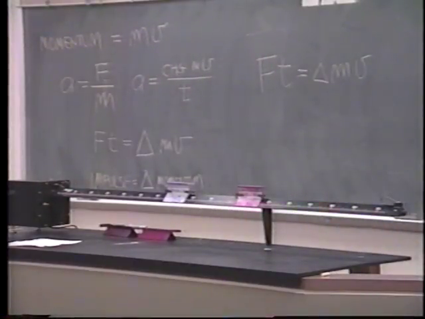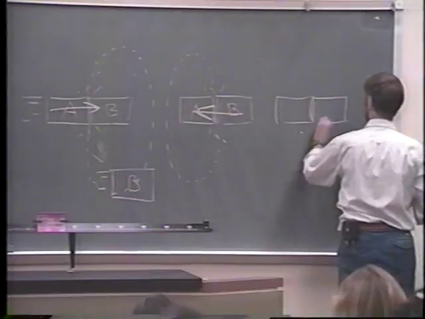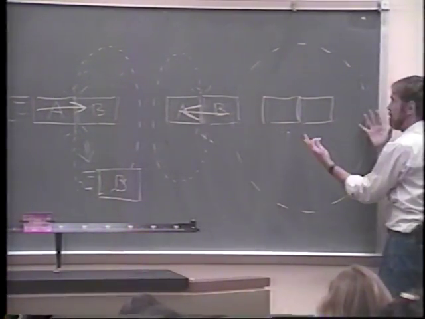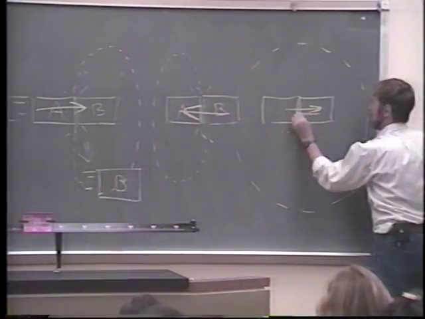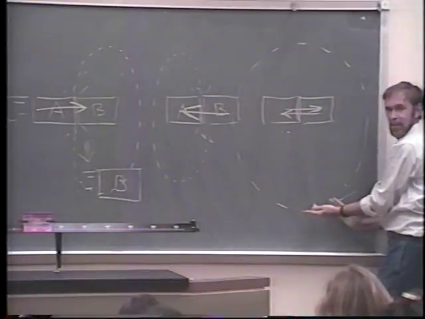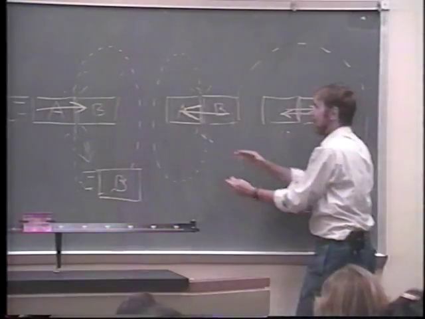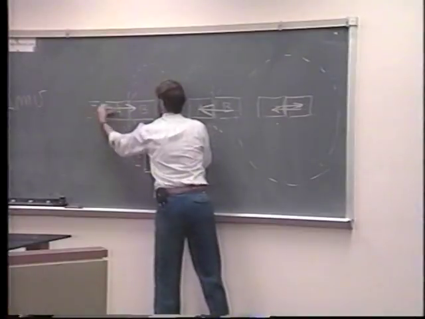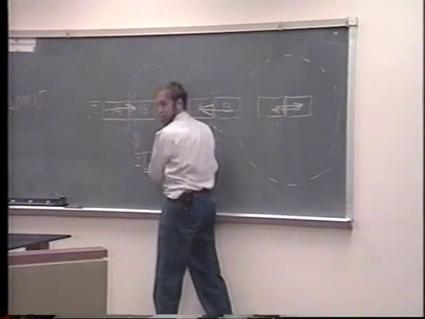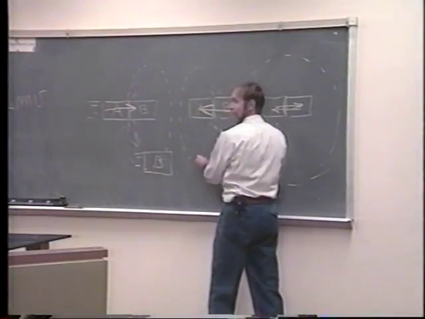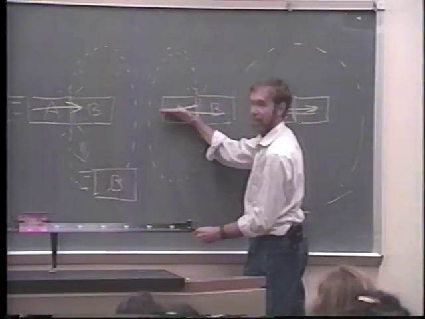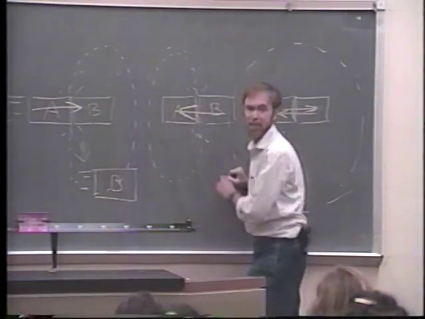If we look at both, if we let our system, our concern be both, this acts on this acts on this, how much force is acting on our system? None. See? If our system is only B, then there's a force poking in there. There's a force acting on it, which provides an impulse, and boom, away it goes, B, huh? And over here, if we let our system be A, we can see there's a force from the outside that acts on it. The force of B pokes in and stops it.